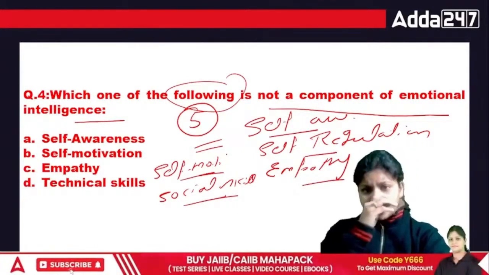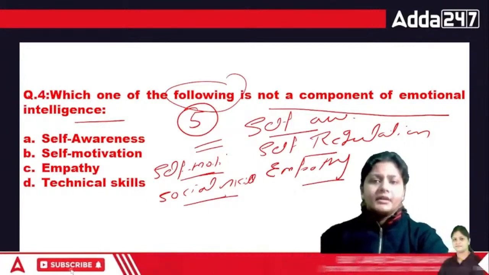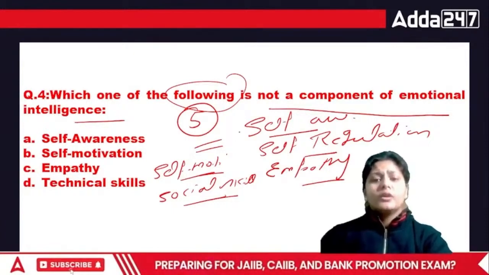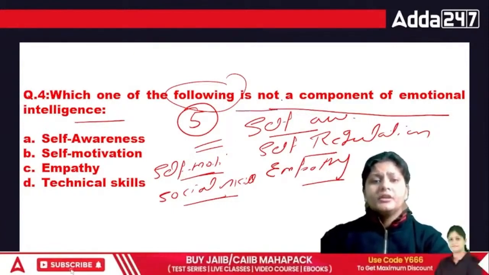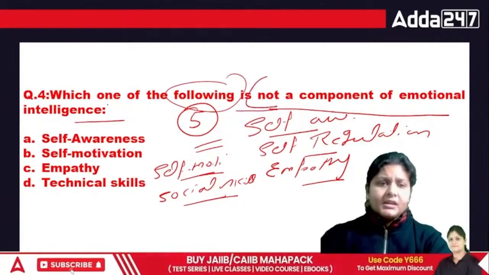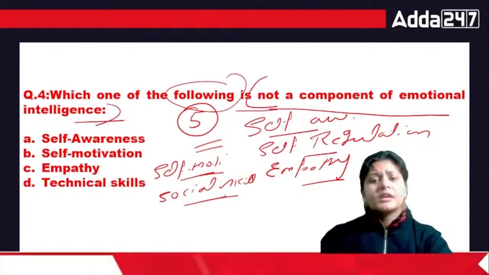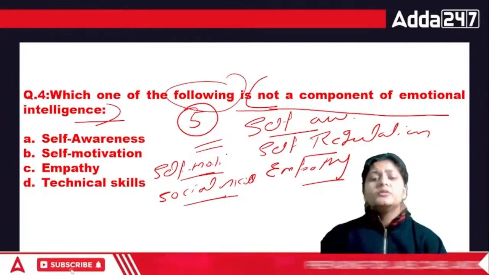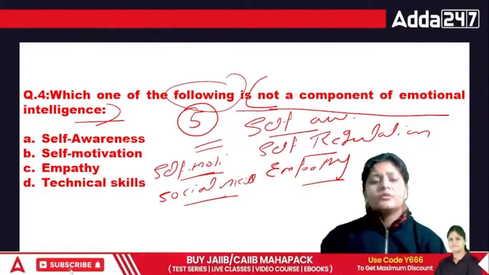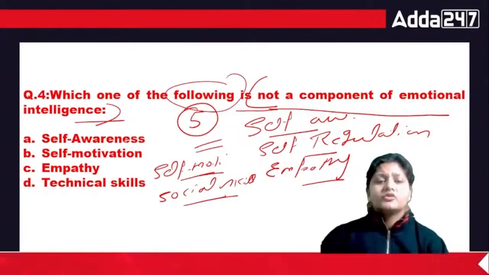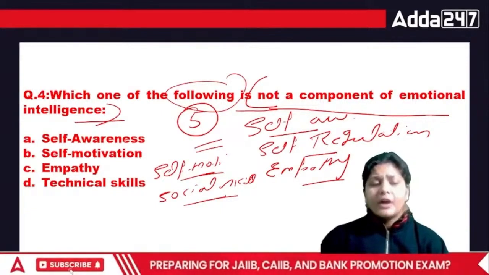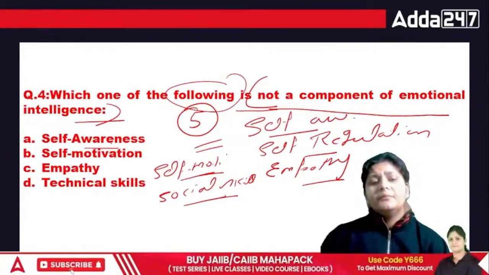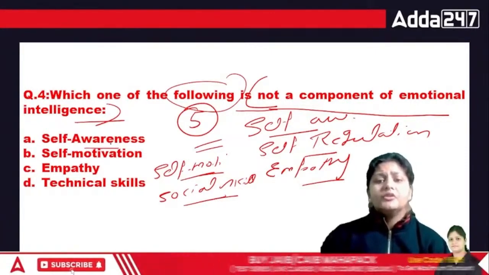So when we are talking about these 5 components, which one of the following is not a component of EI? EI is the ability to regulate your behavior and to regulate other persons' emotion as well. Number 1 is self-awareness, that is to have the awareness about your emotion.